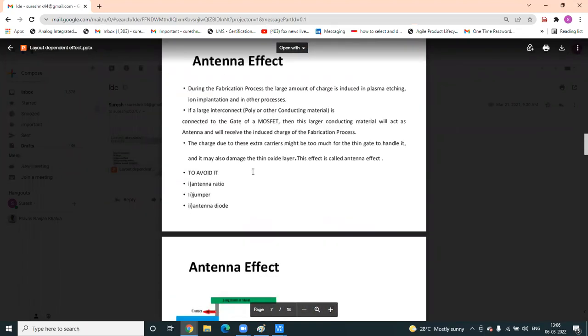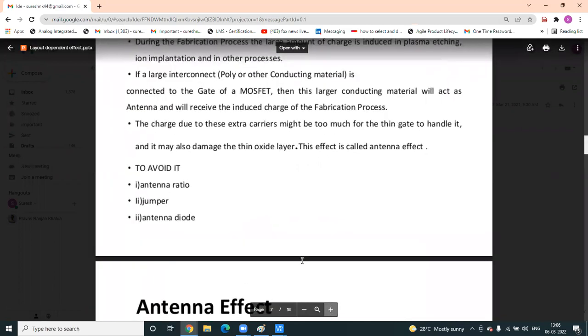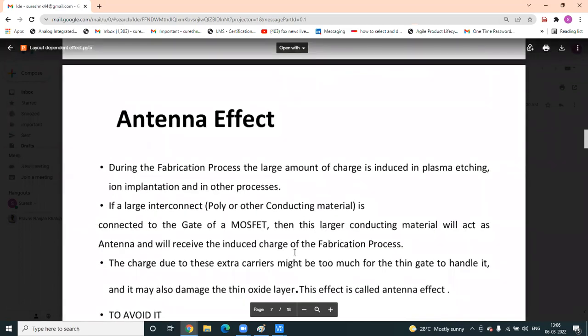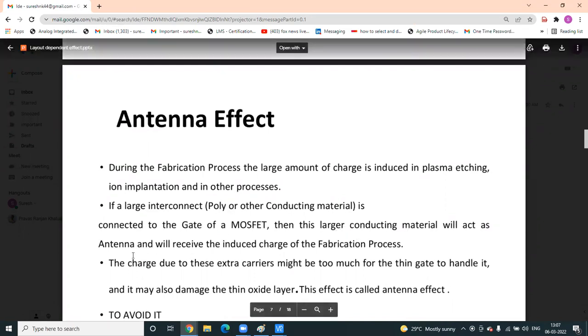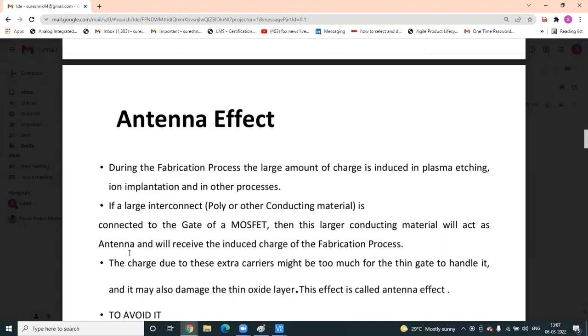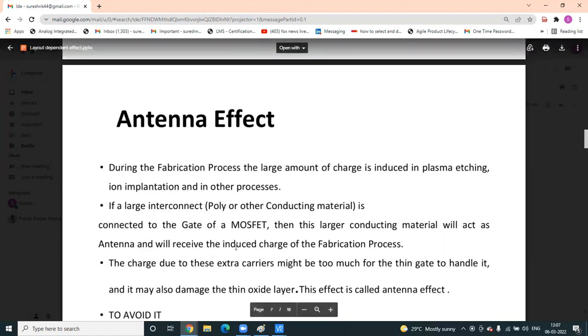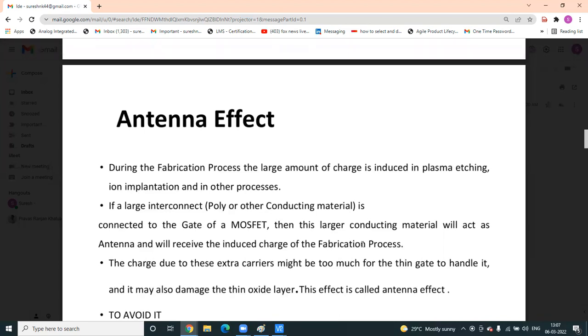When they ask what is antenna effect, you will tell: during the fabrication process, a large amount of charge is induced in the plasma etching. If at that time a long net is connected to poly, that conducting net will act as an antenna and will receive the induced charge of the fabrication, whatever charge is induced by the plasma.